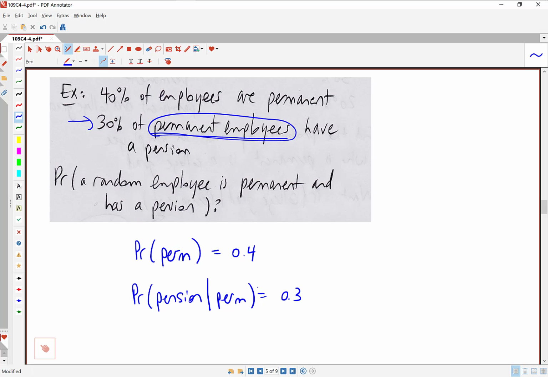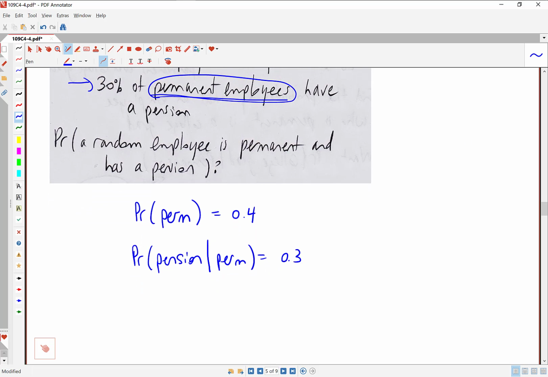Okay, and then let's write down the probability that we're trying to find. So we want the probability that a random employee is permanent and has a pension. Whether you say permanent and pension or pension and permanent doesn't really matter. I'm going to write it the other way around, and we'll see why when we get into our calculation. So probability that someone has a pension and is permanent.